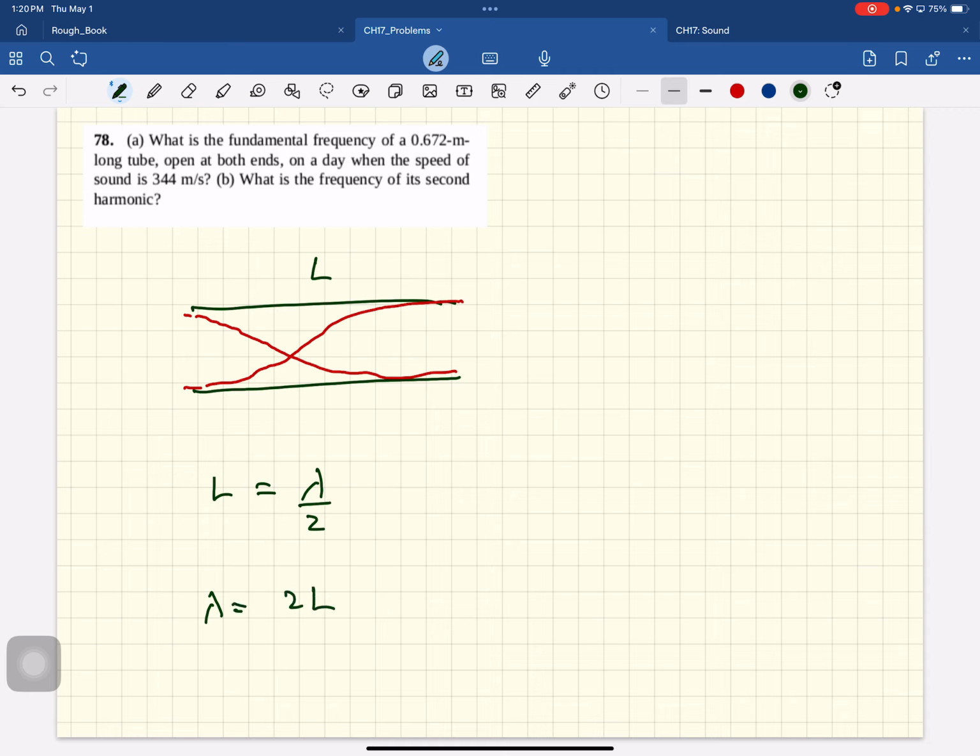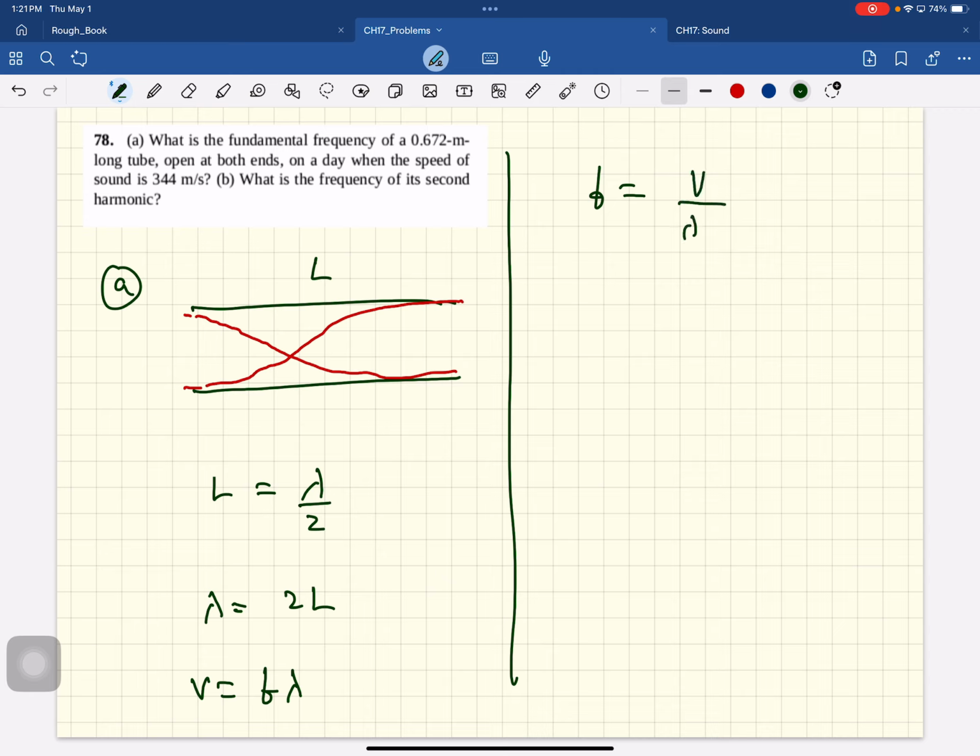And so V is frequency times lambda, and frequency is V by 2L. The fundamental is denoted either F0 or F1 depending on the book you're using.